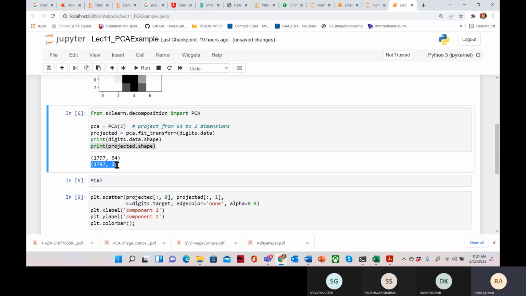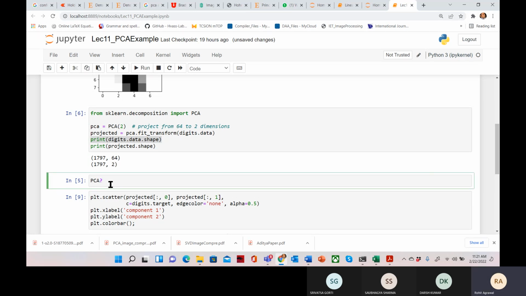And in the original data, what is the number of columns? 64. So the rows are the same, the number of samples is the same, but the number of features is reduced from 64 to 2.